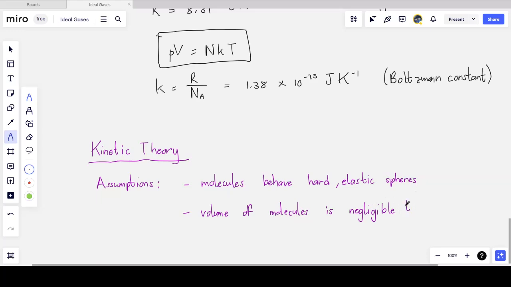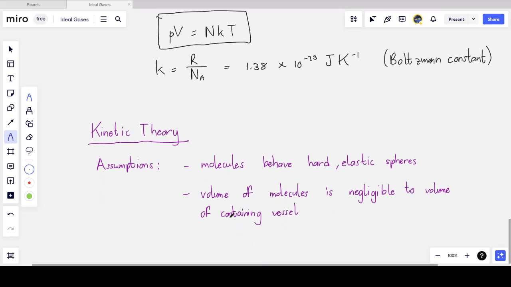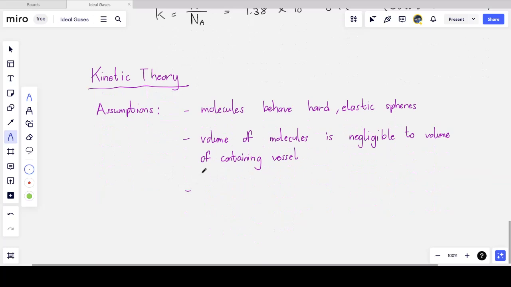And this helps us make sure that we don't have to deal with any quantum effects, etc. So the volume of the molecules must be negligible in comparison to the volume of the containing vessel. Now, you need to know these assumptions. You also need to write them much better than I am, in full sentences. I'm just writing them in a sort of summarized form. But they could very well ask you in an exam to name a few of these assumptions.